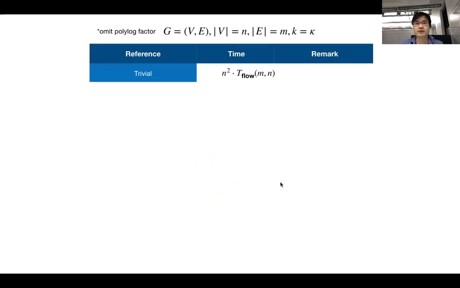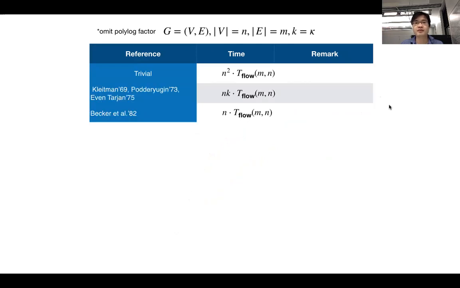So let me tell you more about the current literature of vertex connectivity. Clearly, the trivial algorithm can be done by just calling n squared max flows. In the 70s and 80s, there were some improvements by trying to reduce the number of max flow calls. This was done by Kleitman in 1969, and then in 82, Esfahanian and Hakimi could reduce the number of max flow calls to be just order of linear.